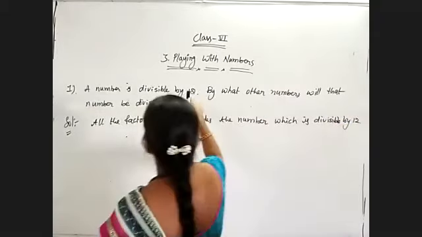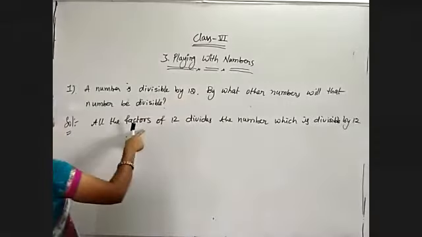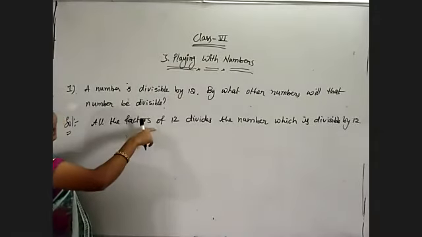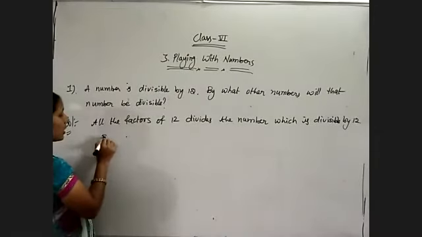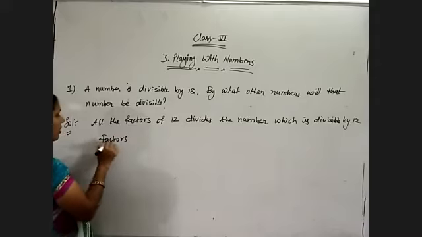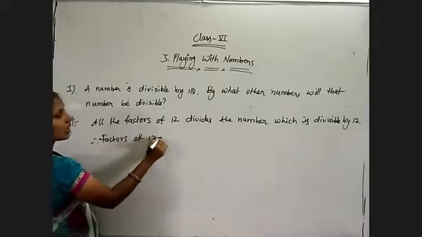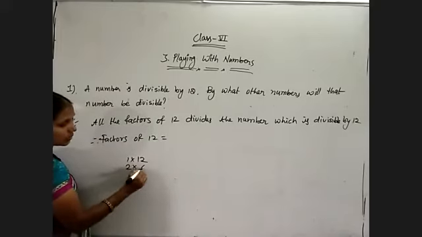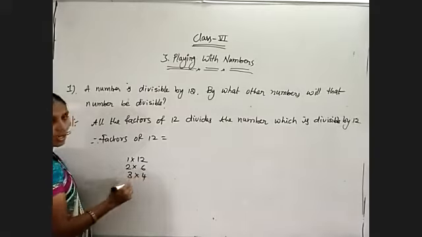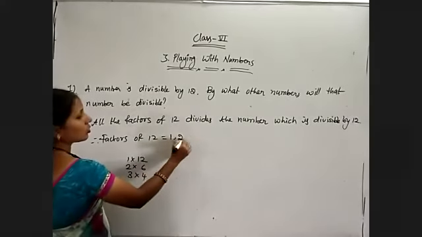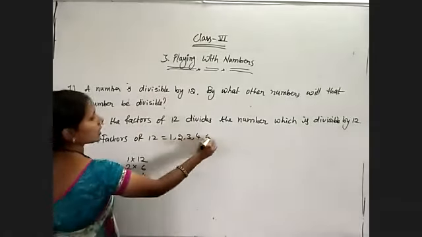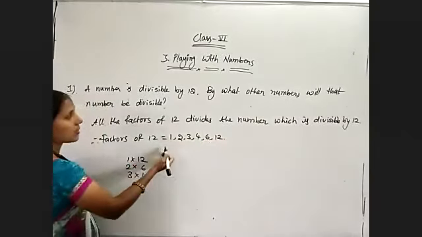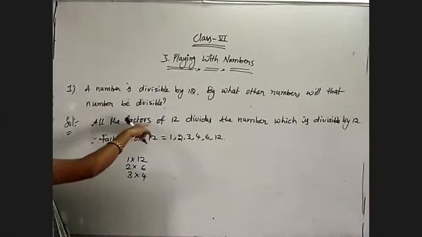So the number which is divisible by 12 is also divisible by its factors. So what are the factors of 12? Therefore, factors of 12 are 1 into 12, 2 6s are 12, 3 4s are 12. That's all. That means 1, 2, 3, 4, 6 and 12. So all these numbers divide whatever number is divisible by 12.